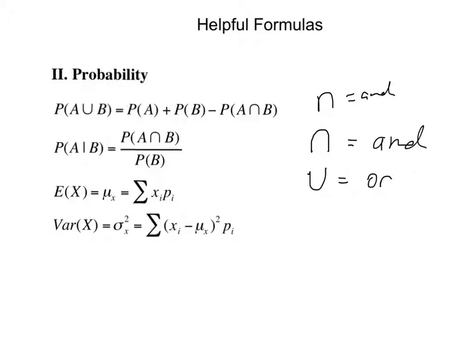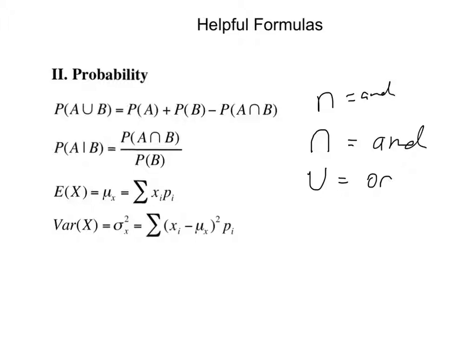So what this means is the probability of A or B happening is the same thing as the probability of A plus the probability of B minus the probability of them both happening. And this is what we discussed before, conditional probability. This just means and. And then when we get to these ones right here, this is your equation for an expected or mean value.